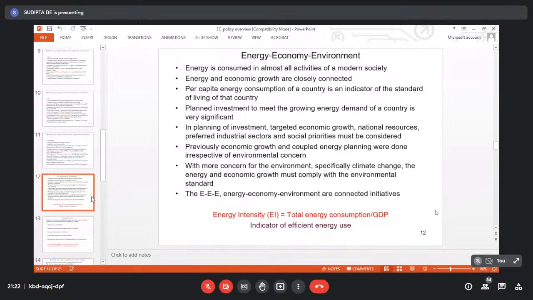So with more concern for the environment, what has happened actually, previously this interrelation between the capacity addition and the economic growth was the only two issues. But now the problem is associated with the international compulsion with respect to climate change. So entirely, the international pressure is there on those countries who have mostly coal-based electricity, because these are contributing to the CO2 emission.